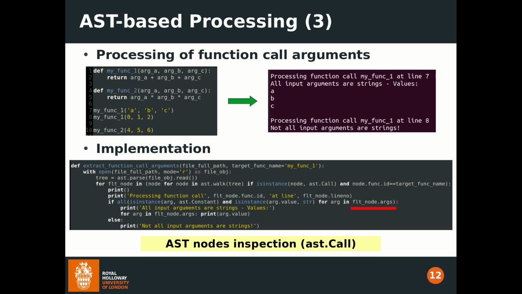Can we identify the calls to function 1 and differentiate them on the basis of the input argument types? The answer is, once again, yes, and the approach is always the same. This time the class we are interested in is ast.Call, and what we have to do is inspect the args property of the filtered nodes. I would highlight that we can also extract the source code line where the function call is, because there is a property that stores this information.